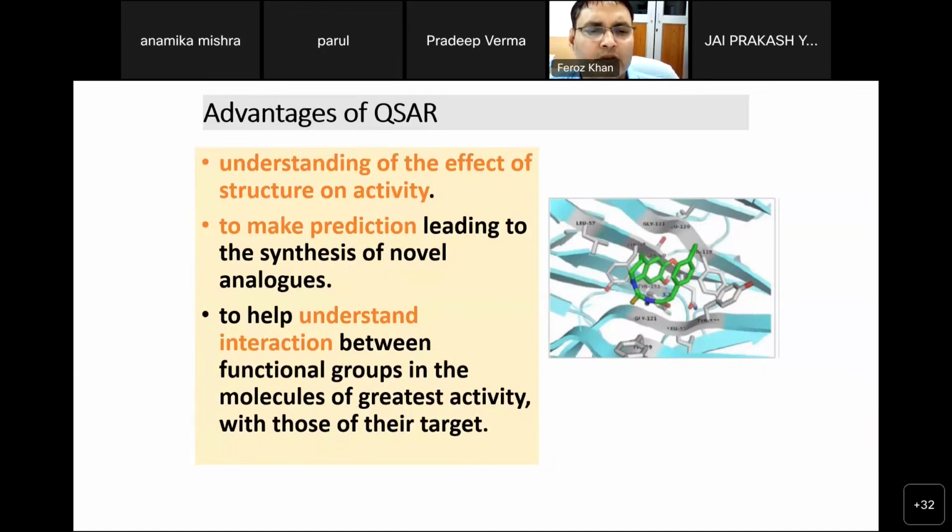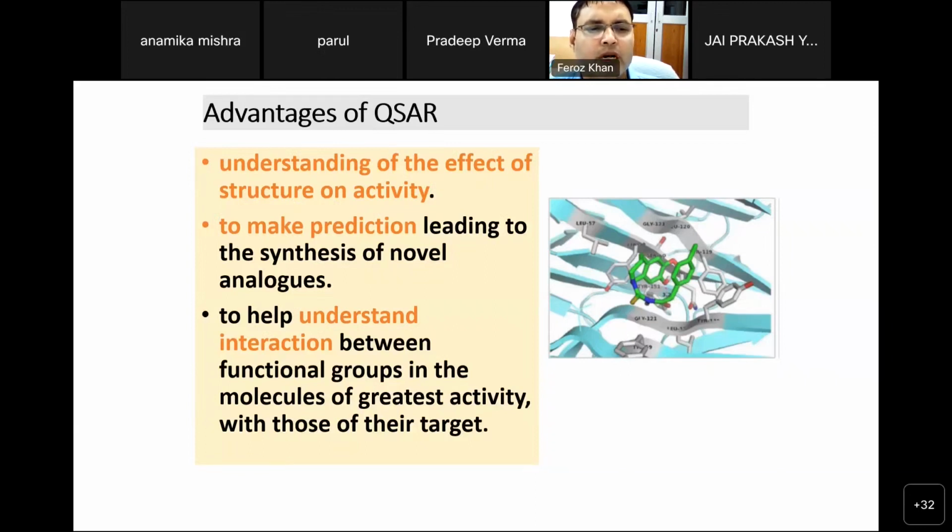Through this method, we have identified important chemical descriptors out of 1,000 descriptors which control the biological activity in a positive or negative manner, as I mentioned in the equation with plus or minus sign.